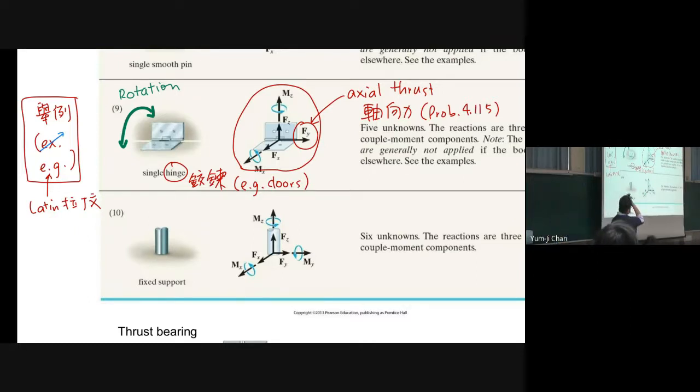And in the homework in the coming week, I will have one problem on 3-dimensional rigid body equilibrium, and it has a term called axial thrust, and it refers to this one.